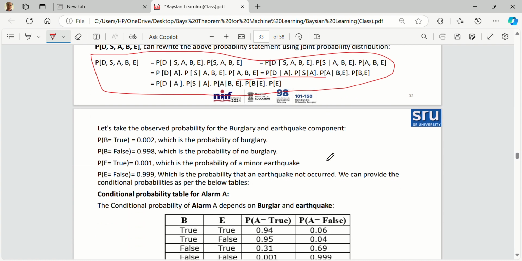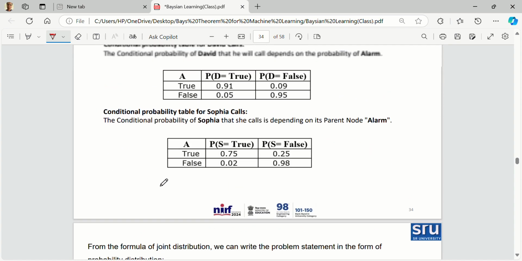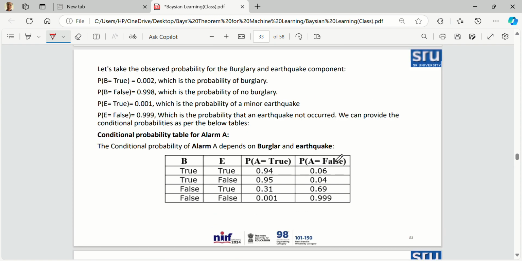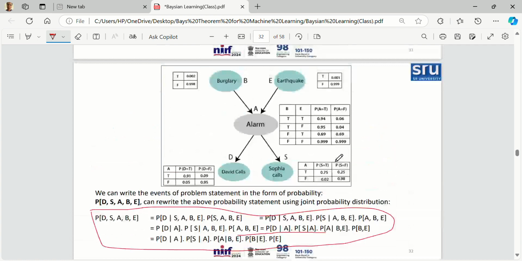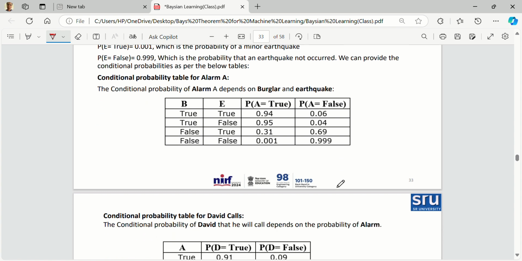Now, probability of B true is 0.002, probability of B false is 0.998. Probability of E true is 0.001, false is 0.999. Then there are three conditional probability tables, and one is for the alarm, true true 0.94, 0.95 and 0.001 and 0.999 for the alarm.